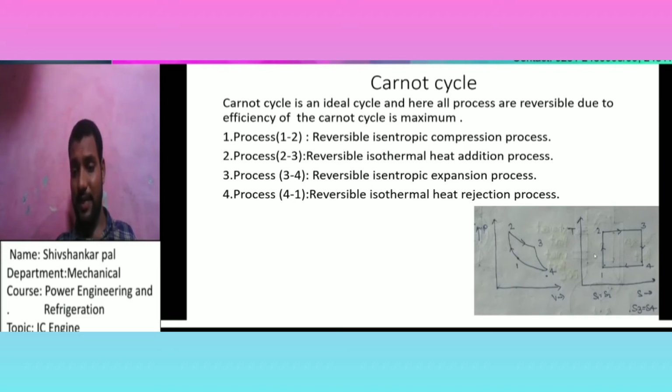You can see here that the cycle goes clockwise. When you see any working cycle going clockwise, that means it is a work producing cycle. It is not a work consuming cycle.